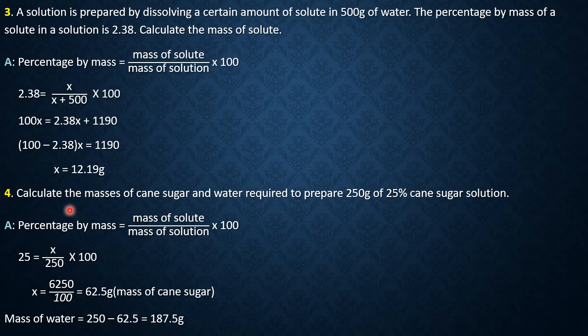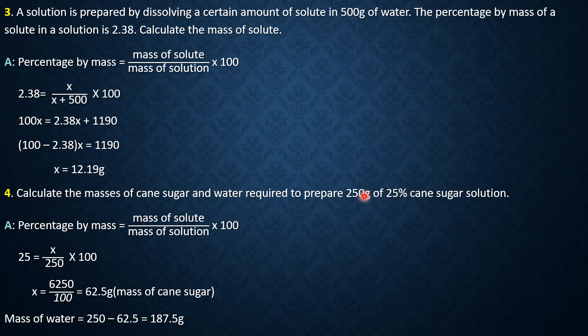In the same way, we'll go for the fourth example. Calculate the masses of cane sugar and water required to prepare 250 gram of 25% cane sugar solution. Here also he has given the percentage by mass. We don't know how much is the solute. But here he has given to prepare 250 gram of 25% cane sugar solution.